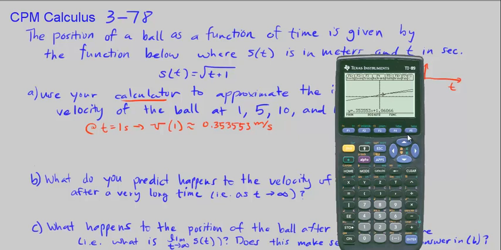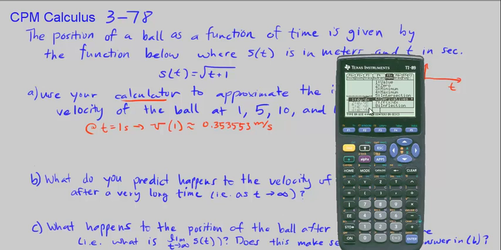We can keep using F5 to go to math, getting the tangent line and looking at the slope. But another feature our calculators have is number 6, derivatives. So we can ask it, what is the derivative? Let's do that for 5. The derivative dy dx at x is 5.